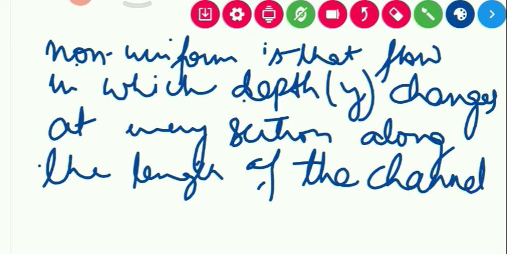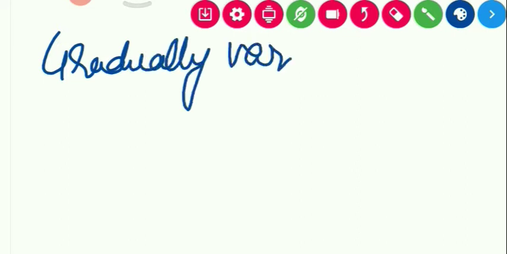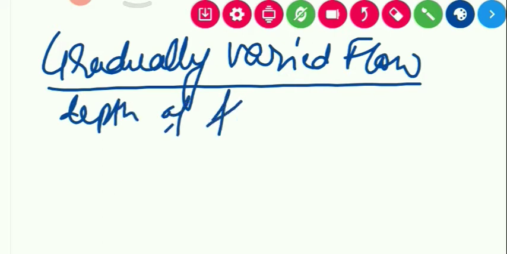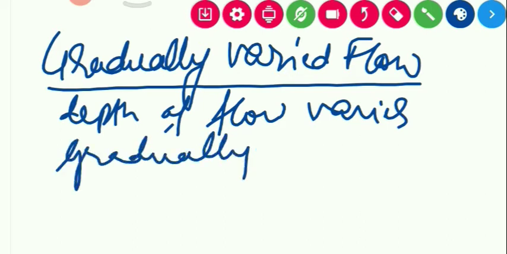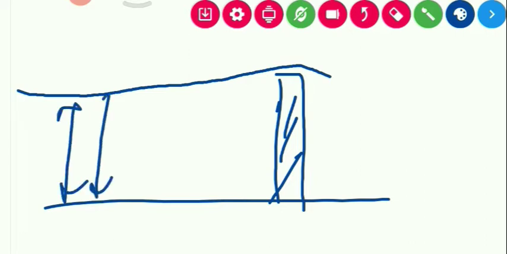Okay, then the gradually varied flow is that flow in which the depth of flow varies gradually. Meaning if we have a barrier over here, a dam or reservoir or anything of such kind, and the flow is taking place over here, then the depth is continuously changing.